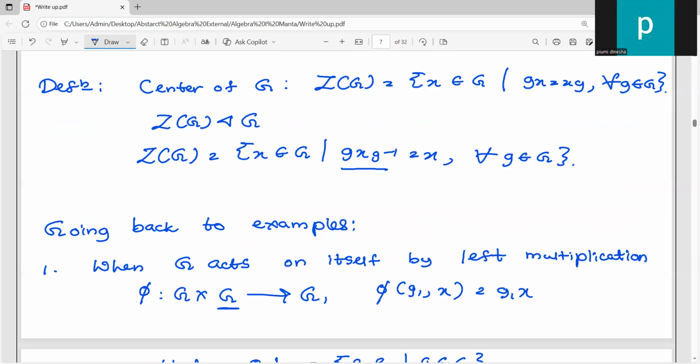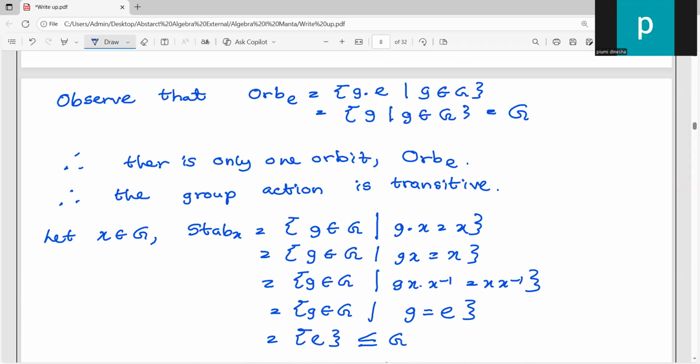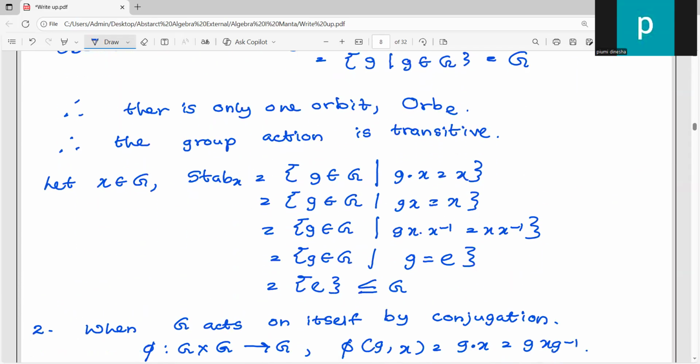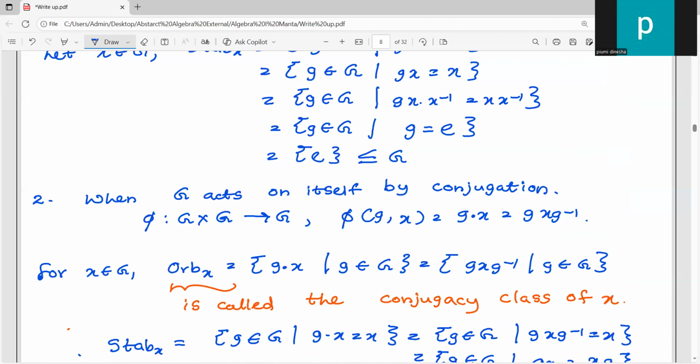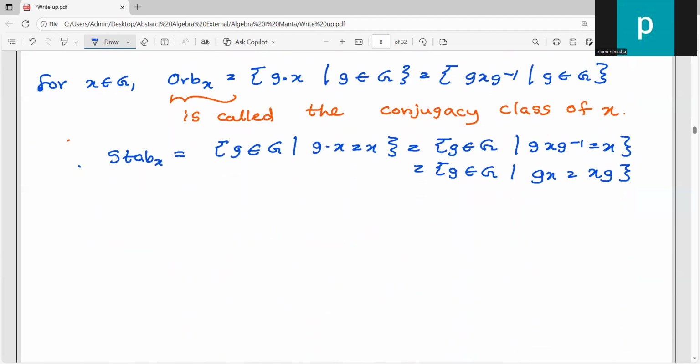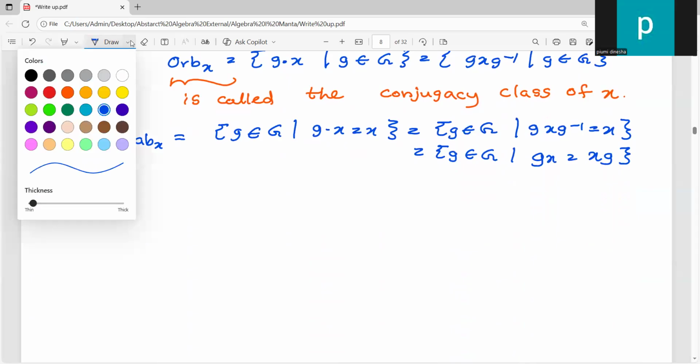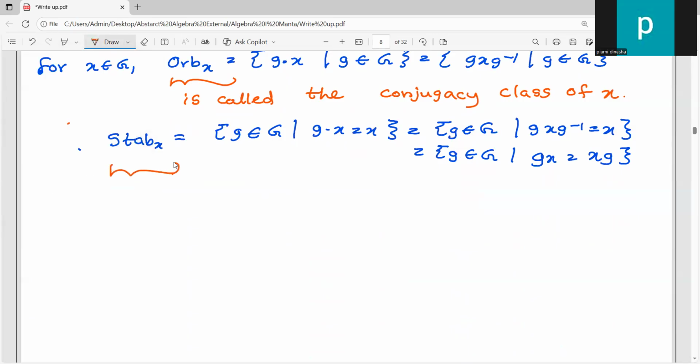So in this case, we simply take elements in G that fix this element, not elements in G that are fixed by every element in the group. Okay? So this is what we call the centralizer of x.